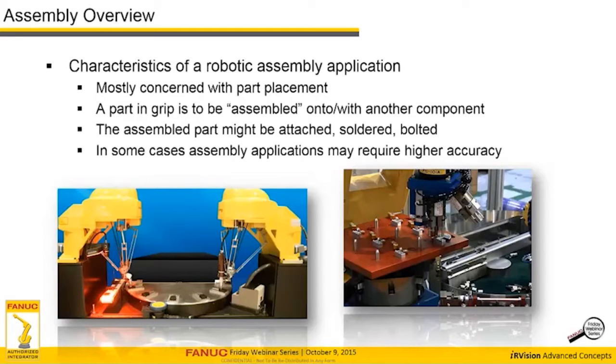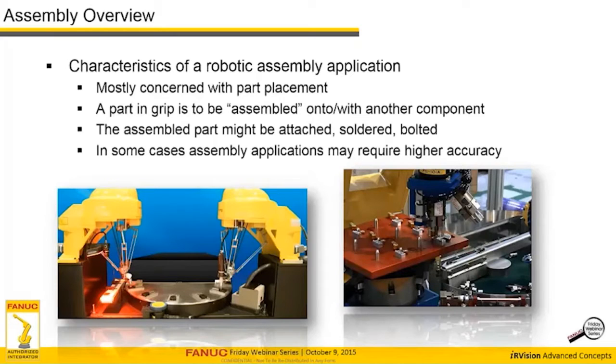We want to pick the part up accurately and be able to put that part onto another component, assemble that part in the grip onto another component, and perhaps attach it, solder it, bolt it, do something with that part that turns the other component, the secondary component, into a more complete assembly.